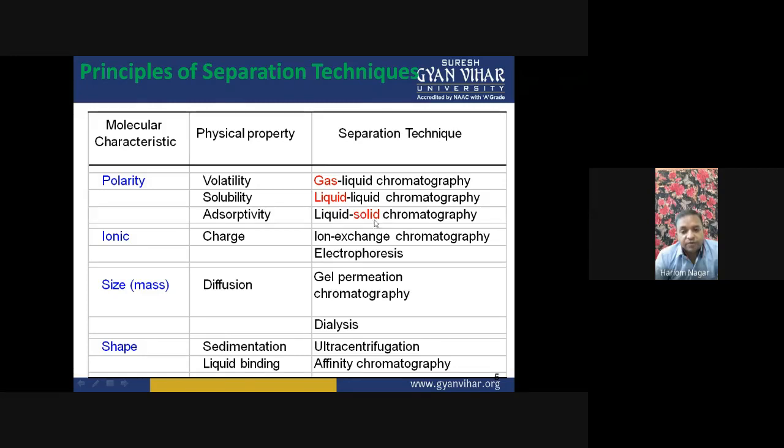For example, if the solid stationary phase is less polar, then the less polar component from the mixture will interact for more time with the solid stationary phase, and the more polar component will interact with the more polar liquid mobile phase. So the distribution of different components between the liquid and solid phases is different, and their elution will be different at different times.